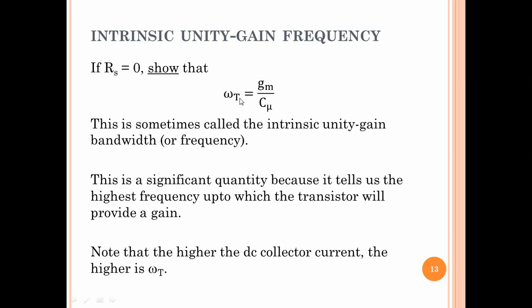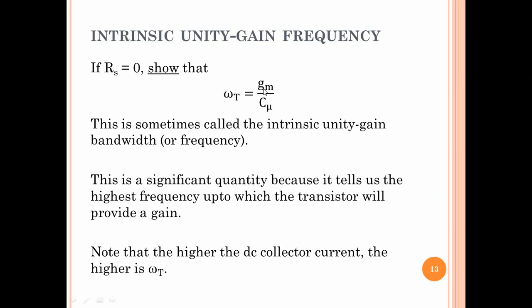So the unity gain frequency of a transistor amplifier does directly depend on the collector current that is flowing, which is interesting and important because what this is telling us is that if I want a higher unity gain frequency, or if I want an amplifier that can work at larger and larger frequencies, then my DC collector current must be larger and larger.